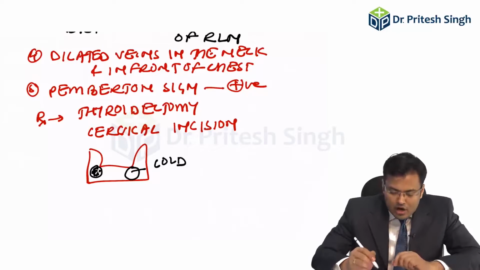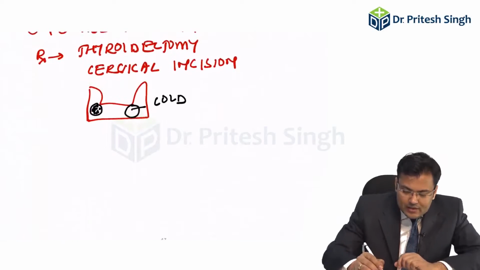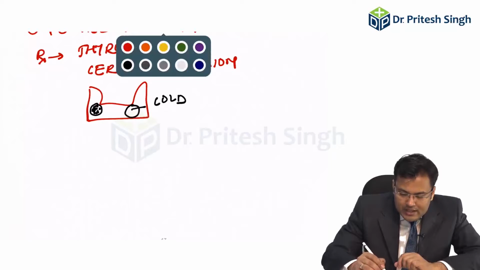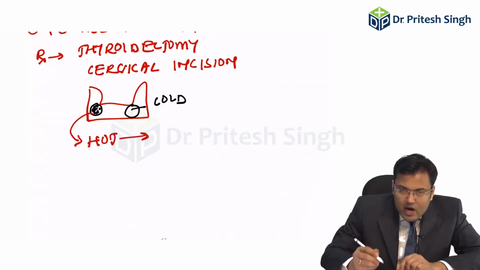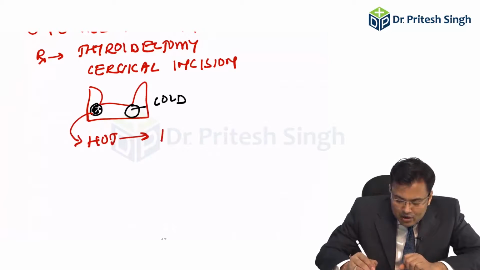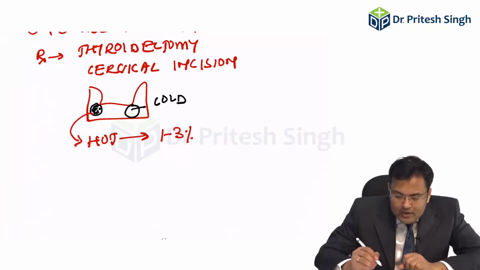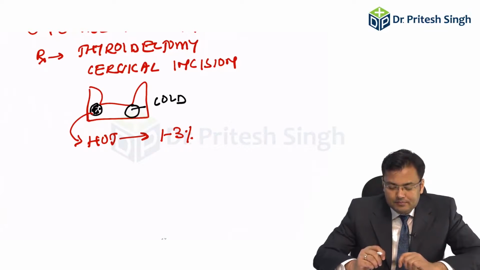So I'm repeating, hot nodule collects more radioactive iodine in comparison to the surrounding tissue. How much is the risk of malignancy in hot nodule? It is 1 to 3%.